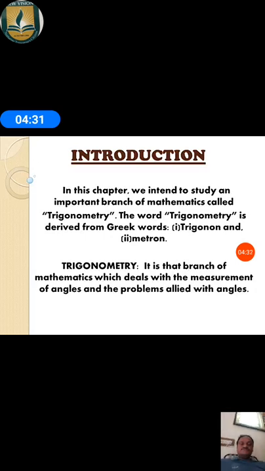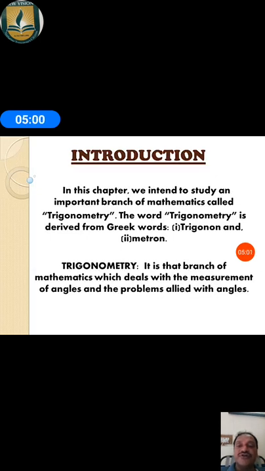Now, the introduction part of trigonometry. The word trigonometry is derived from the Greek words trigonon and metron. Trigonon can be split into tri plus gono. Tri means three, gono means angle, metron means measurement.